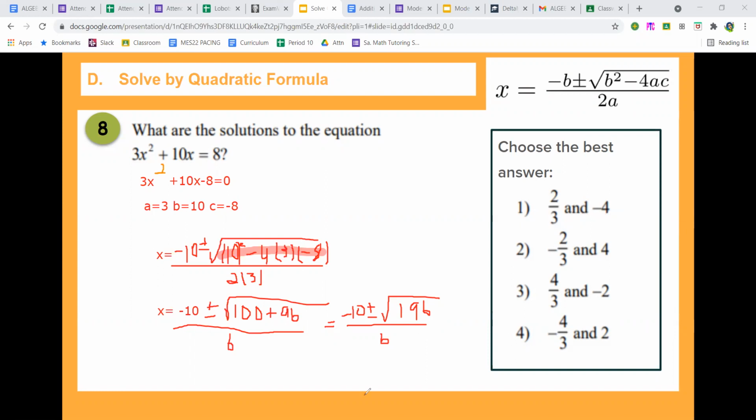So now I'll use that simplified version. So I have negative 10 plus or minus 14 over 6. And finally, I can say negative 10 plus 14 is 4 over 6, which is 2/3.